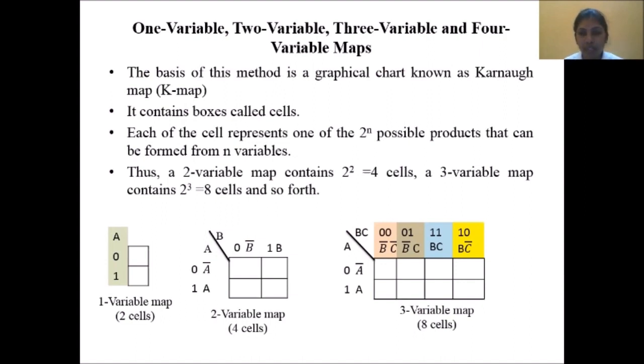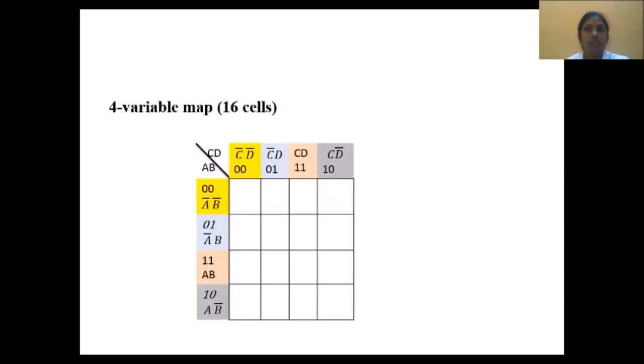In a 3 variable K-map, there are 8 cells, since 2^3 is equal to 8. In a 4 variable K-map, there are 16 cells, since 2^4 is equal to 16.